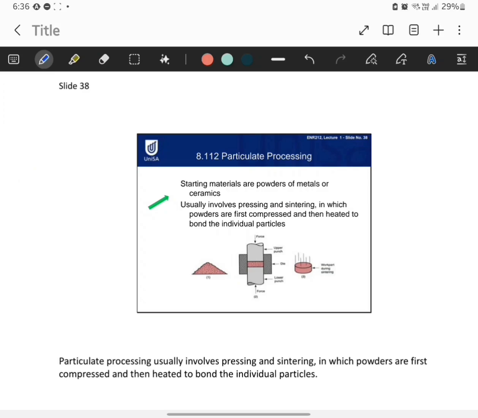This combination of pressing and sintering helps create a solid piece with the desired shape. After we press the powder, we get the desired shape that we want. It depends on the pressing and the shape of the tools that press the powder.